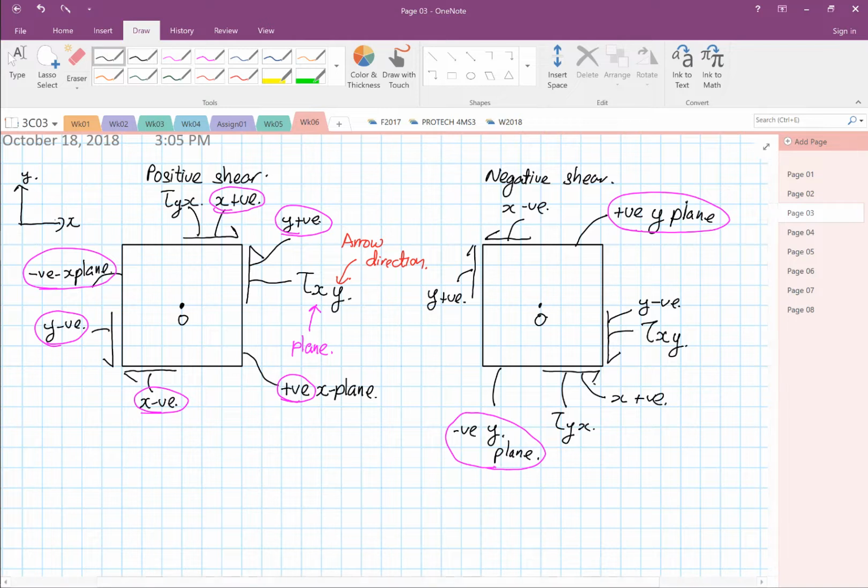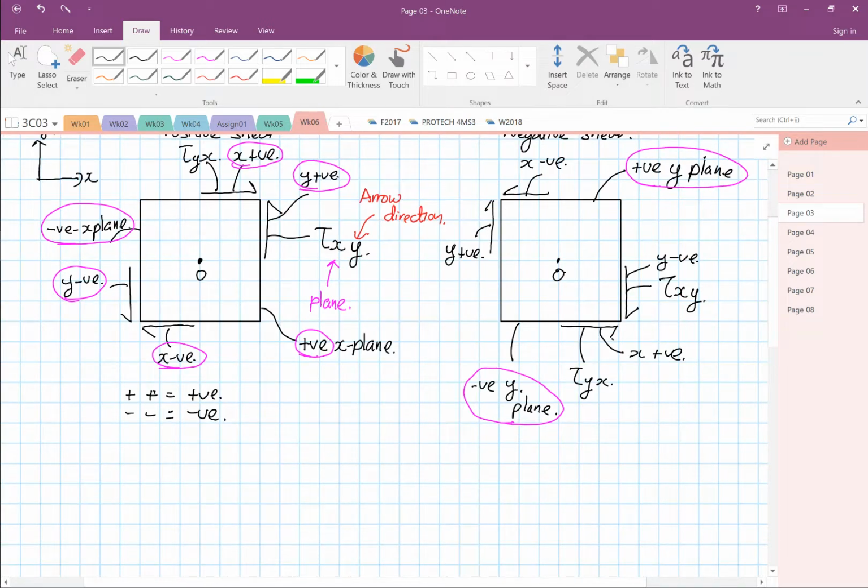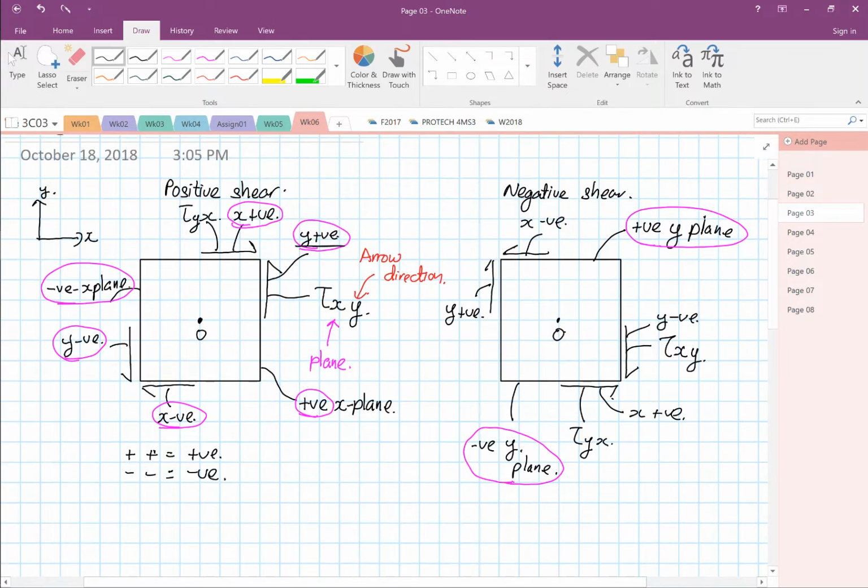So basically positive multiplied by positive, the answer is positive. Negative multiplied by negative, the answer is negative. So this is positive shear because you have a force in the y direction positive, and you also have a plane, acting on the x plane, that is also positive. So that's why this is positive shear.